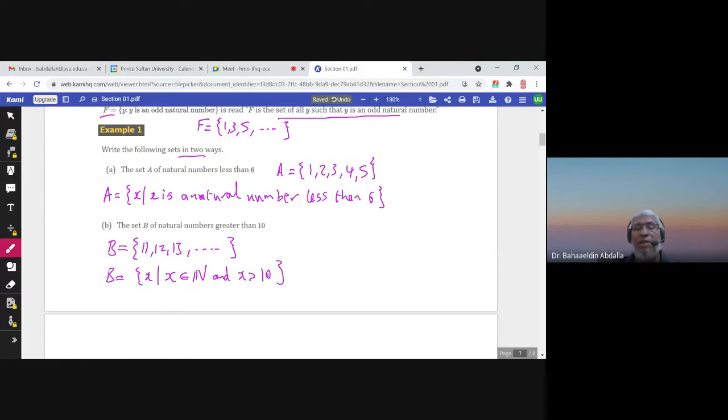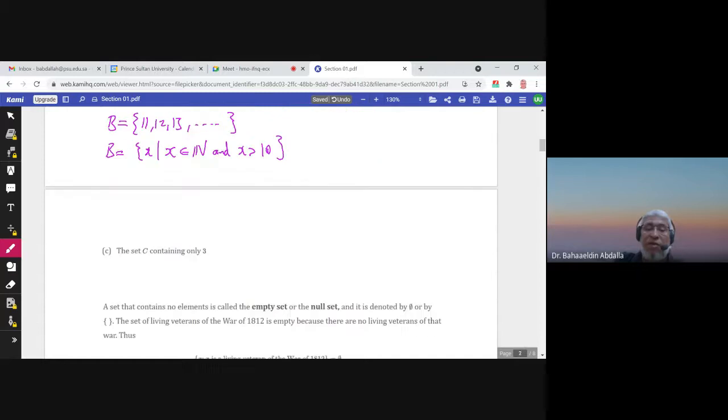This is another way of describing. Or you write it like this: X belongs to natural numbers and it's greater than 10. So it has 11, 12, 13 up to infinity. This is an infinite set.